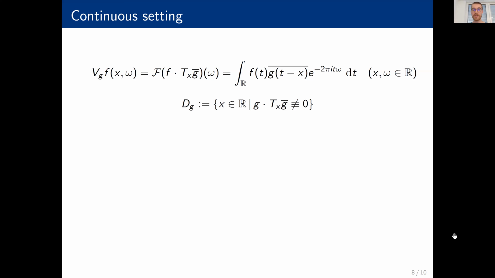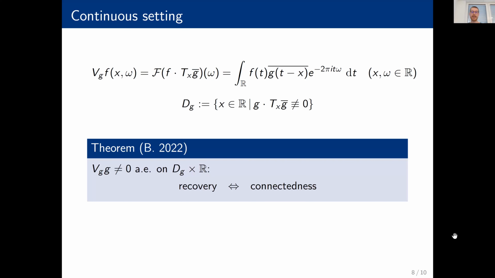This was basically the following theorem, which also works in the continuous setting. So again, if we're in the best possible case for VGG, so VGG is non-zero almost everywhere on DG times the real line, then again, recovery will be equivalent to connectedness. So this is really the same theorem as in the discrete setting.